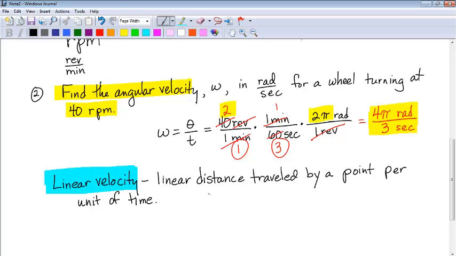This goes all the way back to something you've done before: distance equals rate times time. The only difference is they're going to put it on a circle.